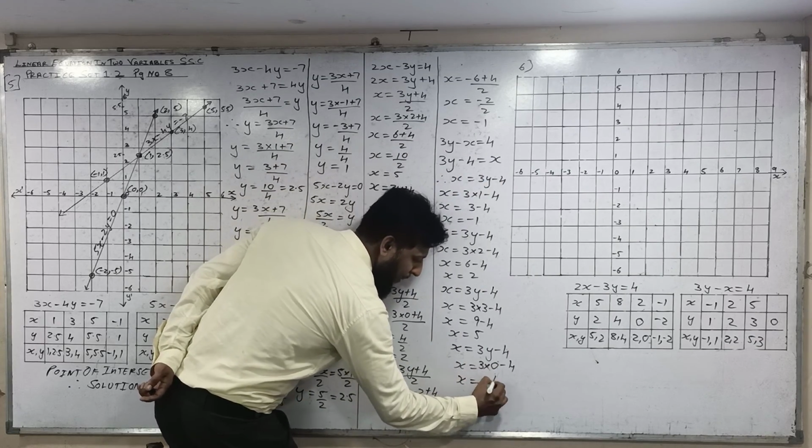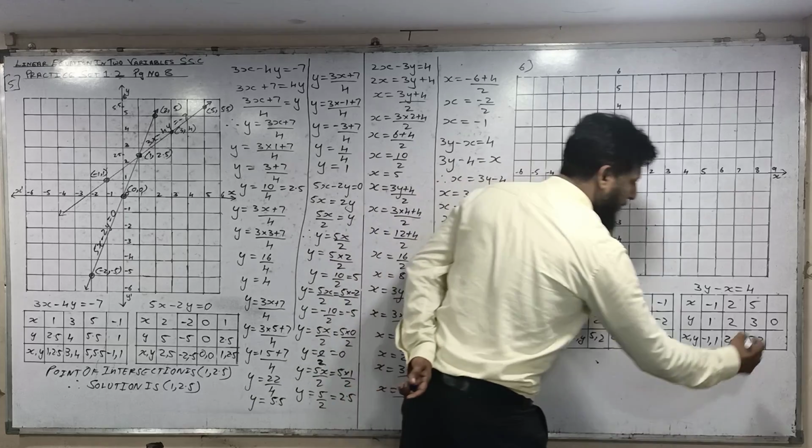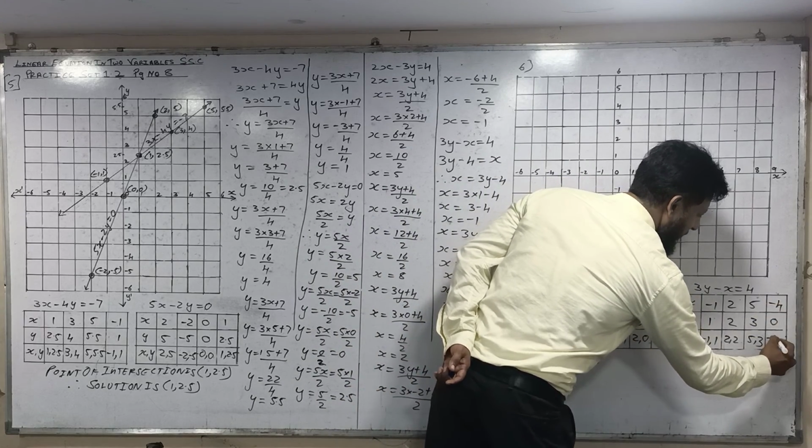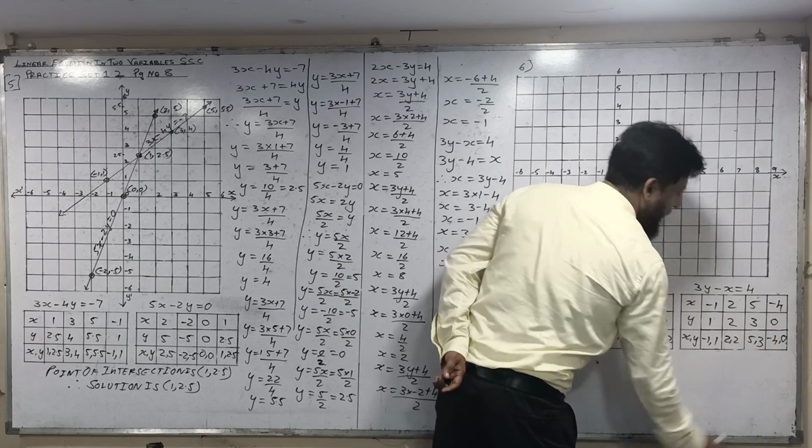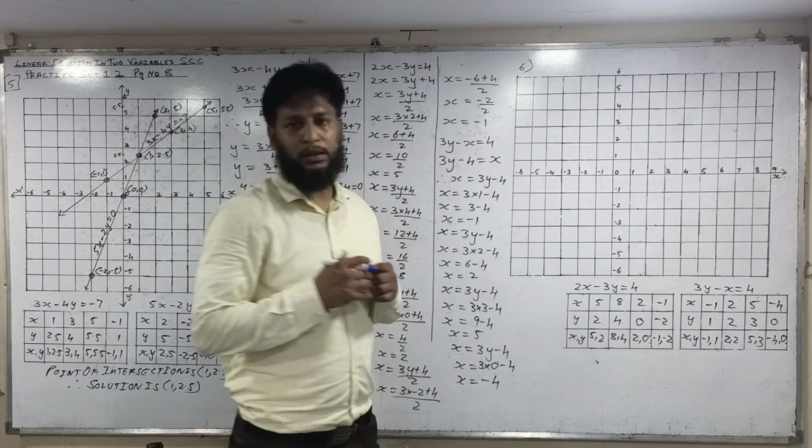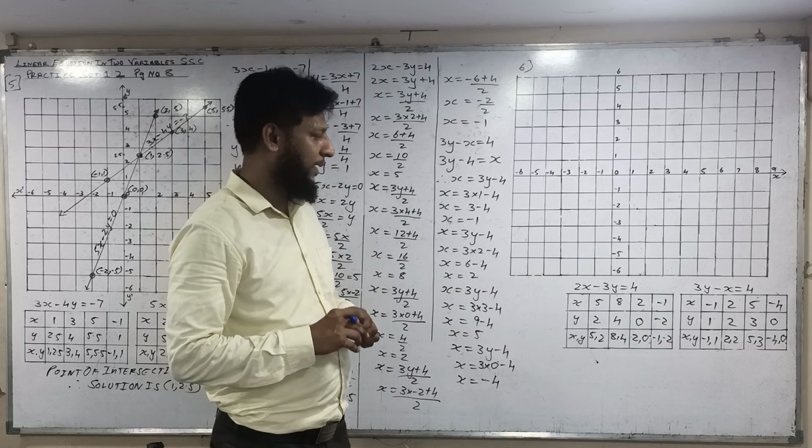So 3 zeros are 0, then minus 4, so x value is minus 4. So minus 4 and 0. Now I have found all the points of both the equations.